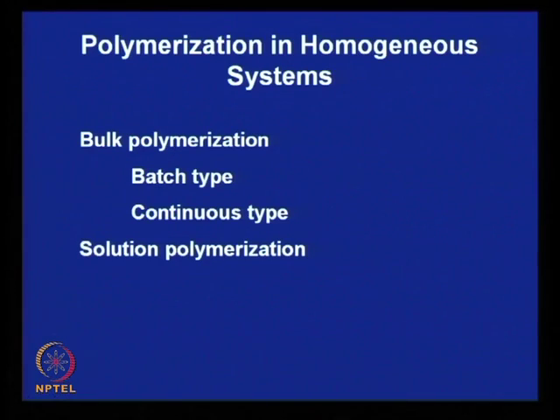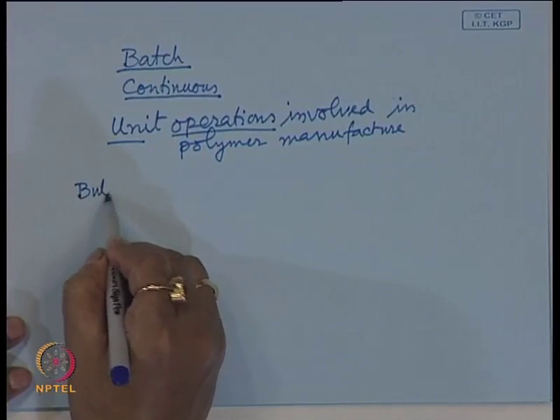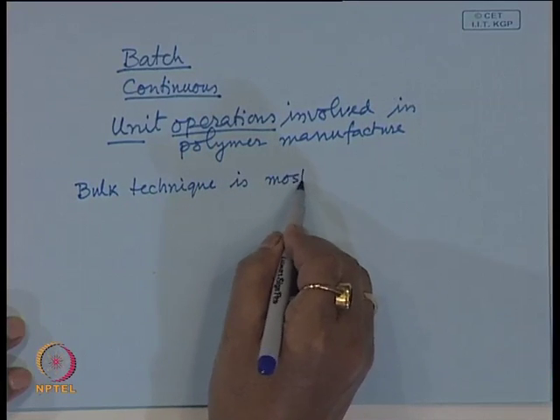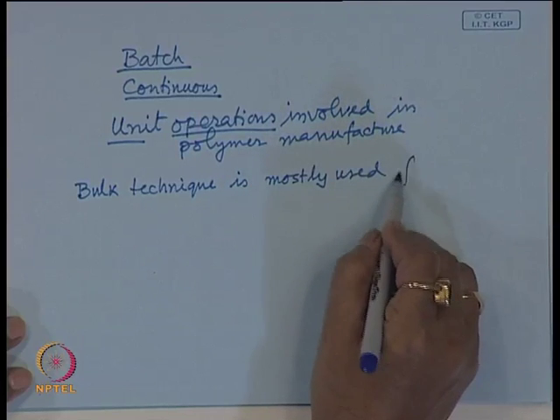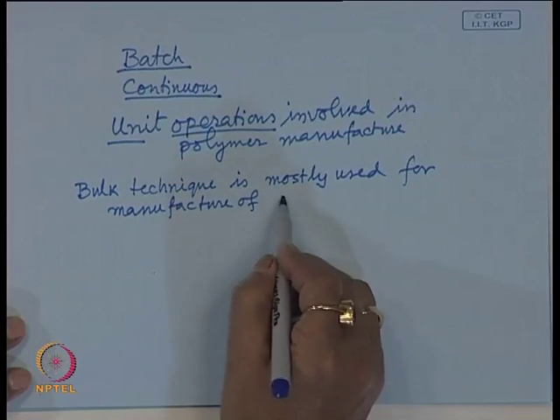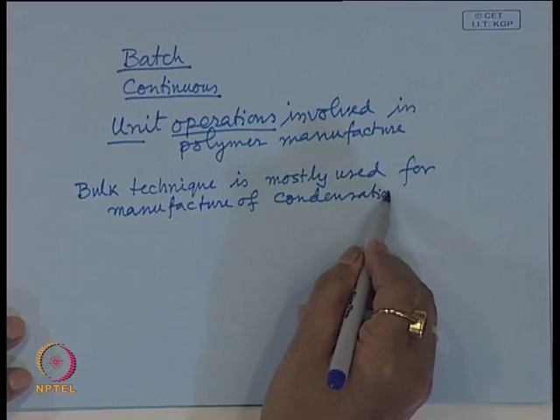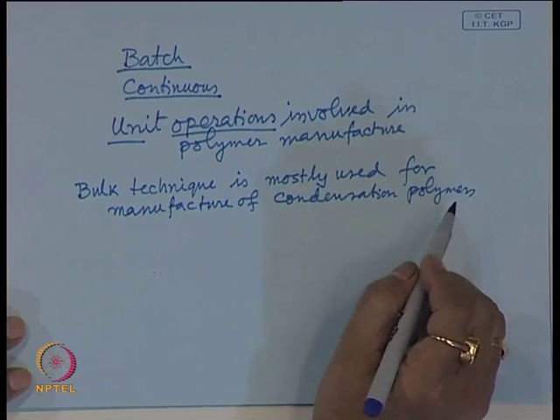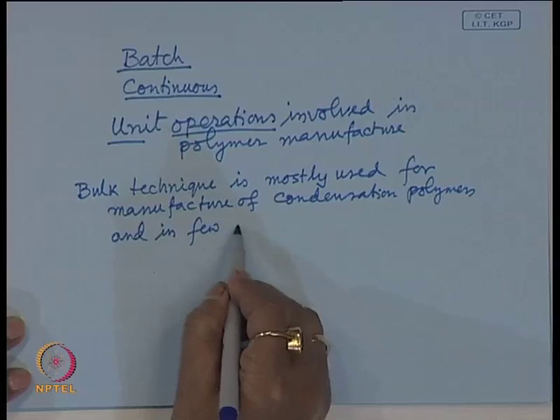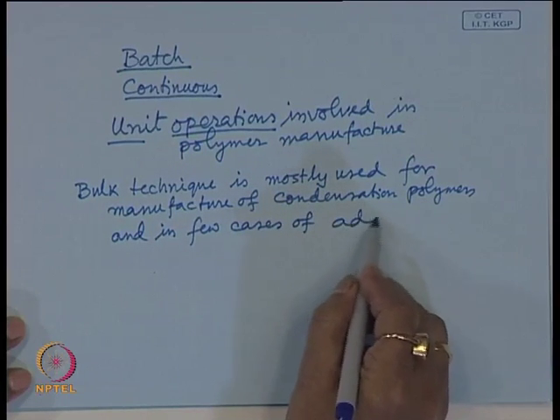Now, let us see what is bulk polymerization. Bulk polymerization is a technique mostly used for condensation polymers, and in a few cases of addition polymers.